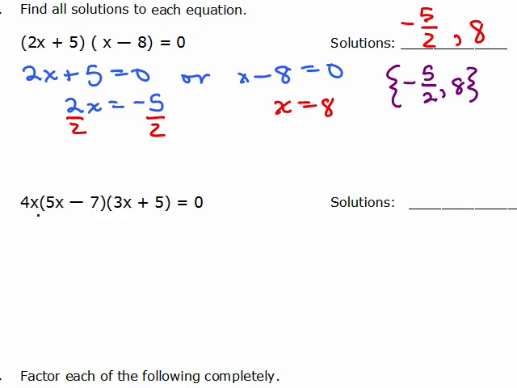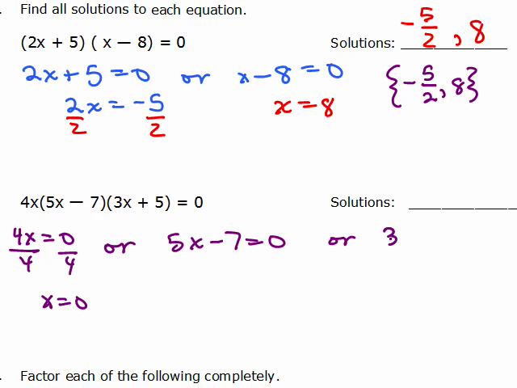Okay, next one. We have 4x times 5x minus 7 times 3x plus 5 equals 0. Again, it's factored, but remember, you've got this factor of 4x out in front. So you could either just write 4x equals 0 or write just x equals 0 when you simplify that. Two ways you could think about that. Or 5x minus 7 equals 0 or 3x plus 5 equals 0.